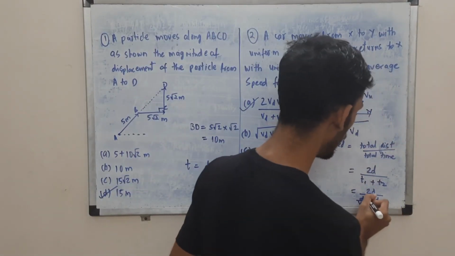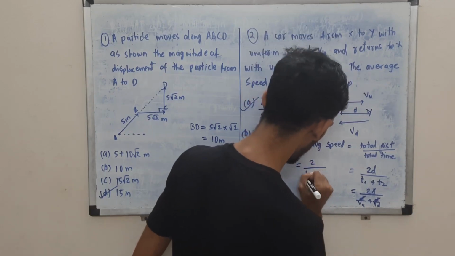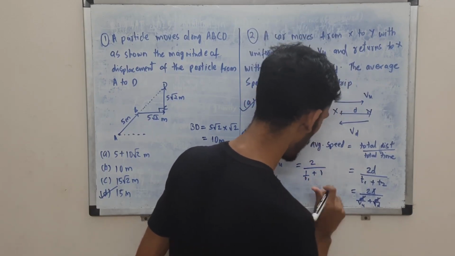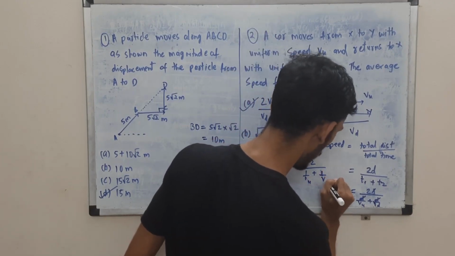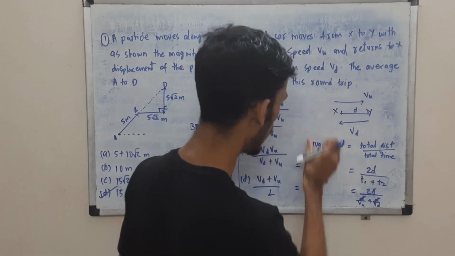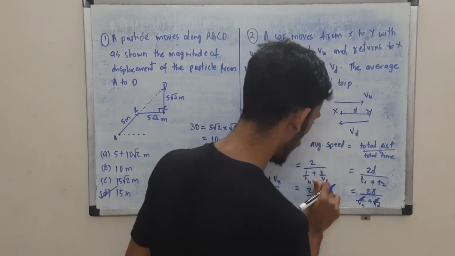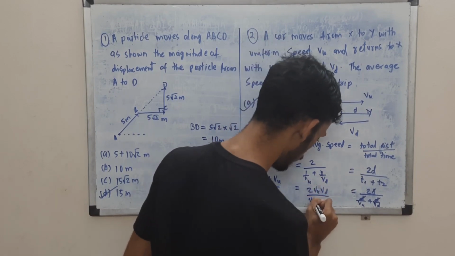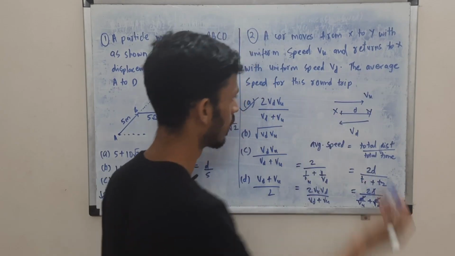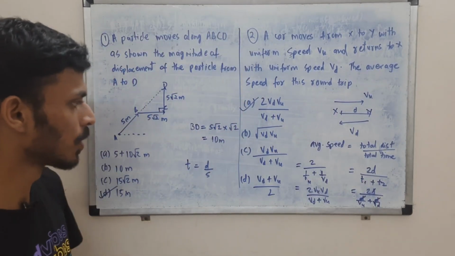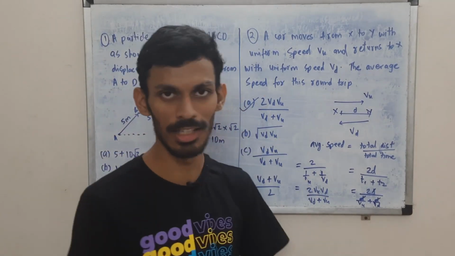So you can see this d will cancel throughout, and you'll have 2 upon 1 by vu plus 1 by vd. This will go as product in the numerator, 2 vu vd, and we'll have vd plus vu. So 2 v1 v2 upon v1 plus v2, that is what I was saying, harmonic mean. So that is your average speed for this journey, and option A is the correct choice.